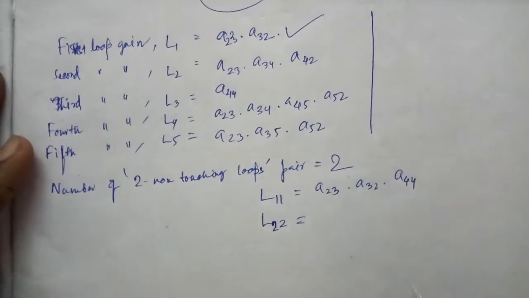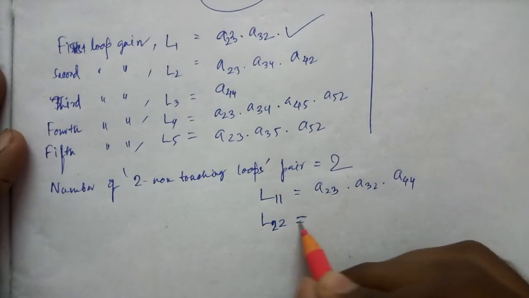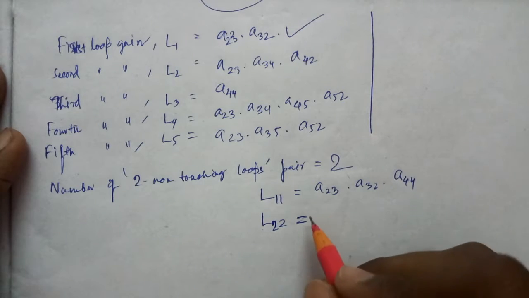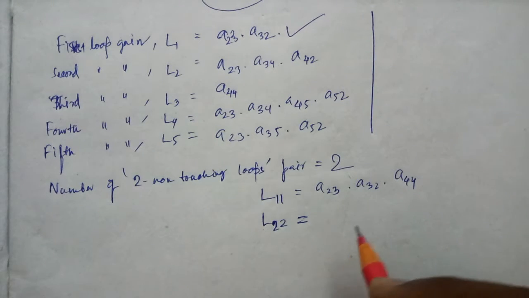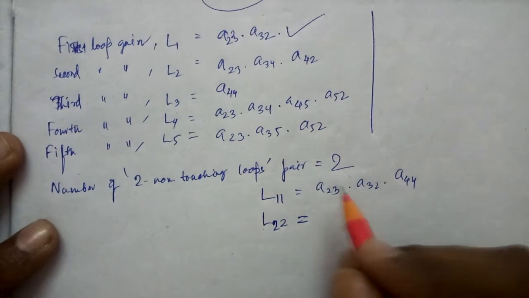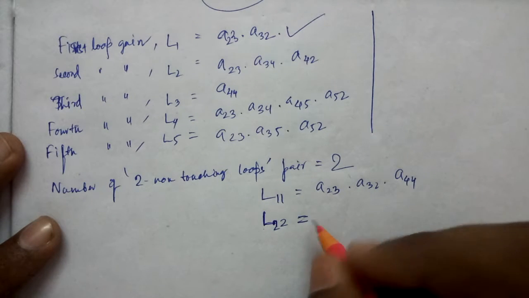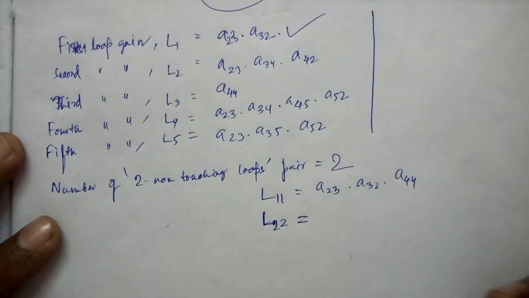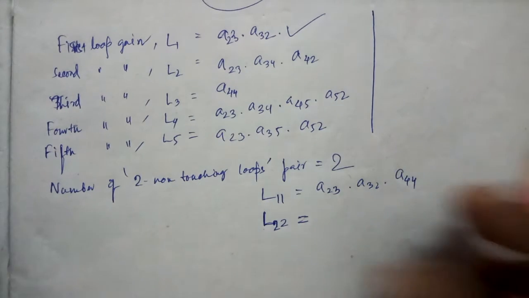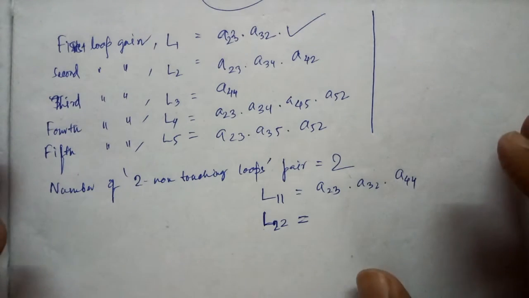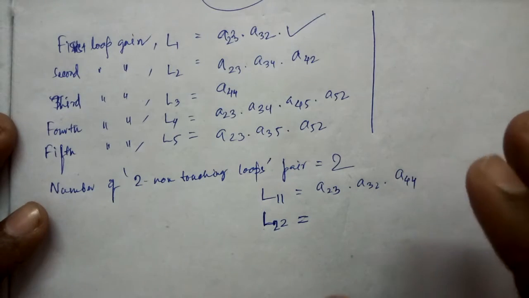Very easy. This part was very hard to explain in Mason's gain formula without any example, so it is very clear now to you how these parts come, and it will be much easier with many problems. If you practice more problems, this part will be very clear and easy to you. And Mason's gain formula calculation is very easy.